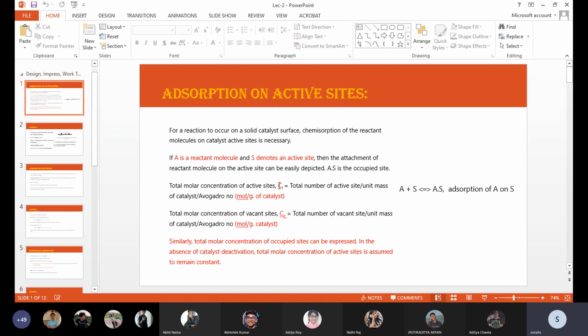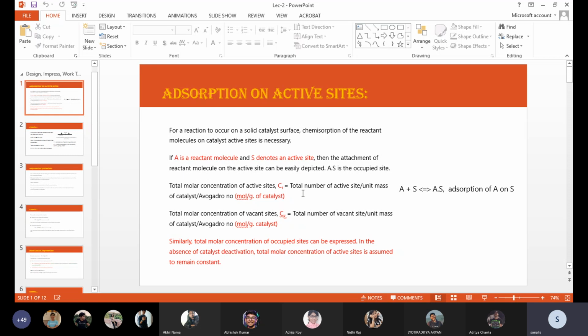So you see CT is the total molar concentration of active sites that was there at the beginning before adsorption. After adsorption of the reactant molecules on some of the active centers, we get the concentration of adsorbed sites, plus CV, the concentration of vacant sites, which are still not adsorbed.